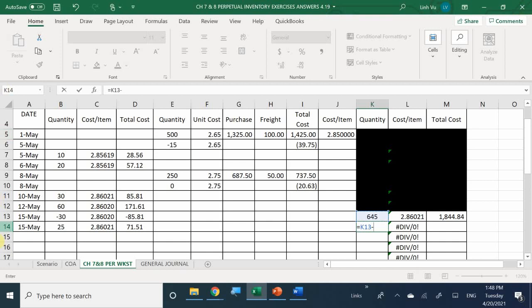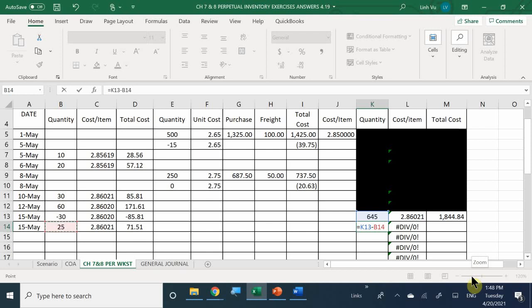That would be minus 25. We're not adding it back into inventory because we're getting rid of it. So what is my new ending inventory?